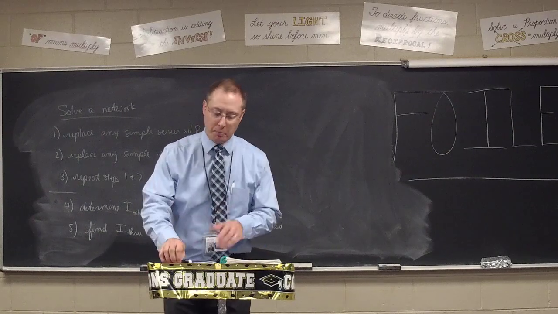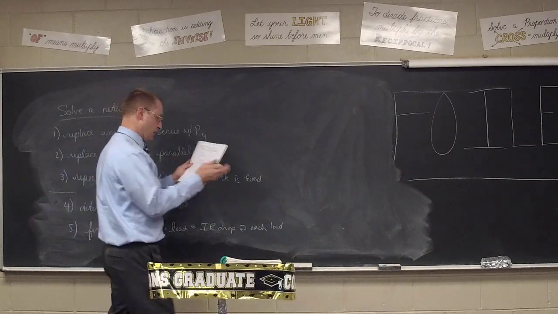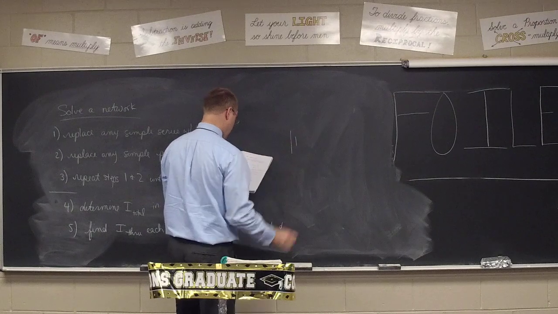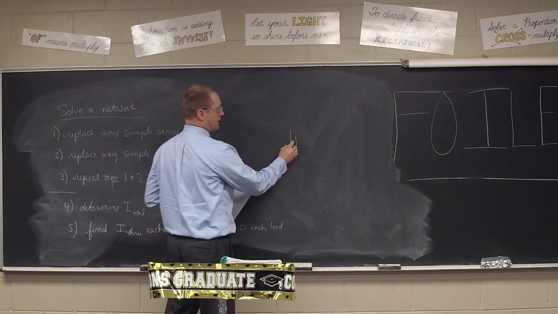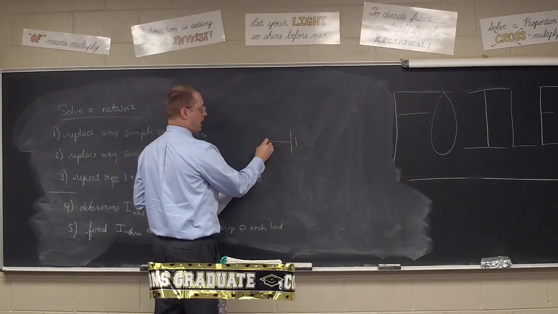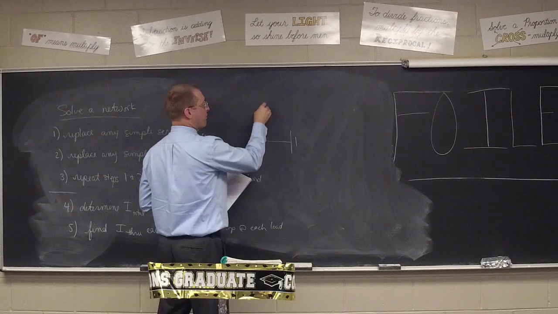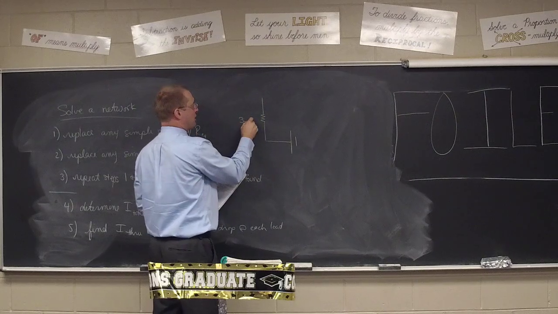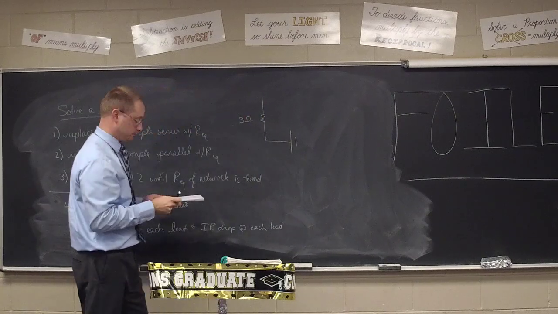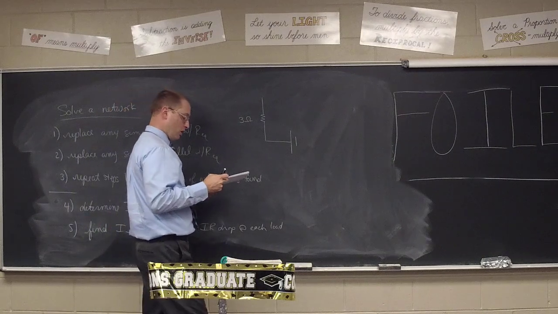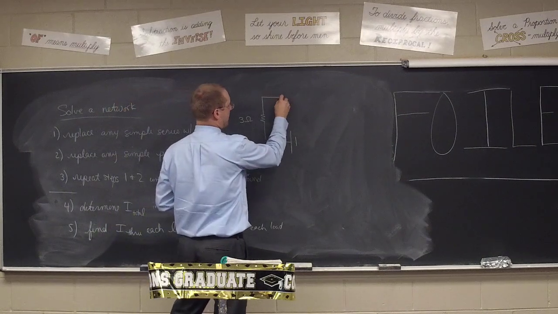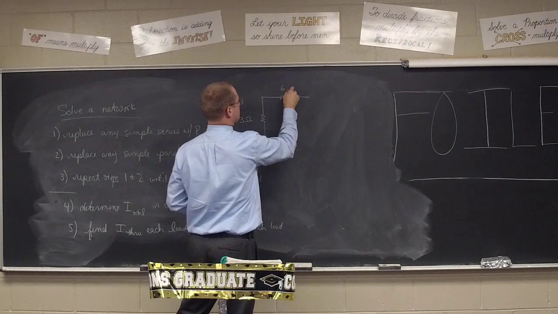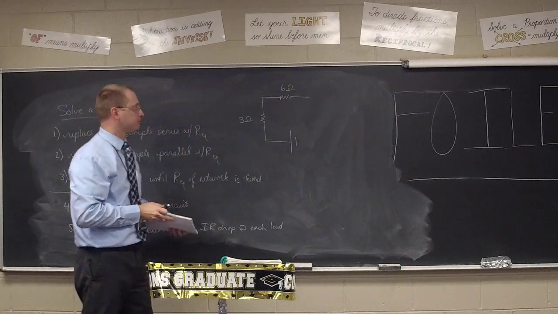All right, on your paper, let's go ahead and do a couple of these together. Let's start with one that's even a little easier than what the book has. Draw your battery, and then from the battery, have the current pass through a 3 ohm resistance. From the 3 ohm resistance, let's have the current go into a 6 ohm resistance.